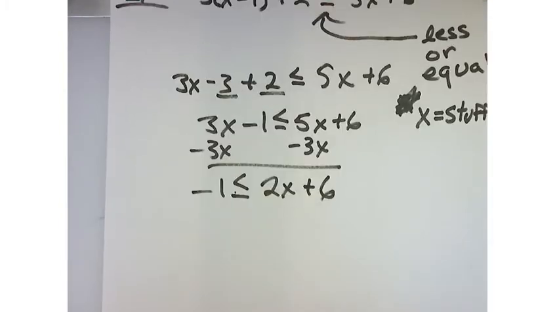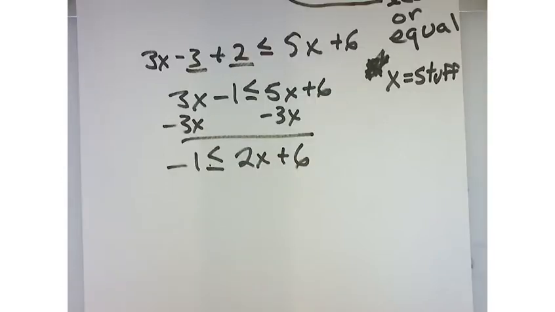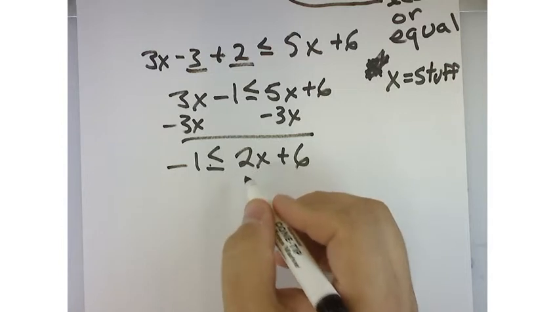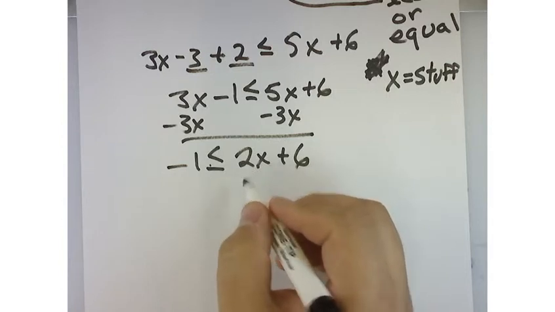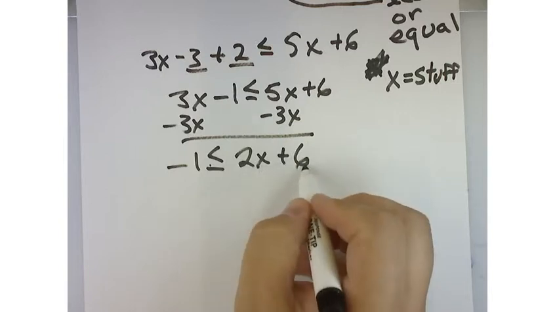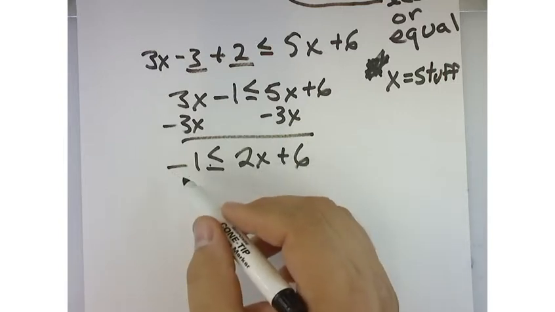Need to get the x by itself. So what do I move? The 2 or the 6? We're moving the 6 just because it's easier. We could move the 2 now. But remember, when we have a number in front of the letter, it's always easier to save that step for last. The reason for that is that if I divide this by 2, then I have to divide this by 2, I have to divide everything by 2.